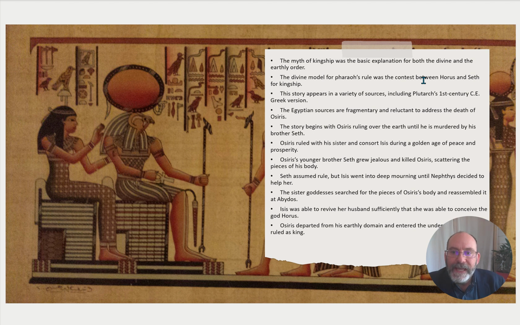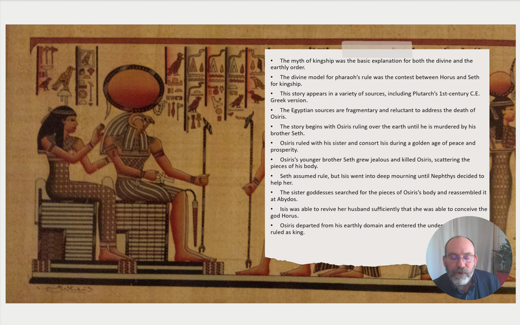So, the myths of kingship. This is just the basic explanation for both the divine and the earthly order. The divine model for the pharaoh's rule was the contest between Horus and Set for kingship. So it goes back to that mythology, and in that mythology, Set actually kills Horus, chops him up into pieces, spreads him around the world, and fortunately for our buddy Horus, his wife went out and gathered up all the pieces.